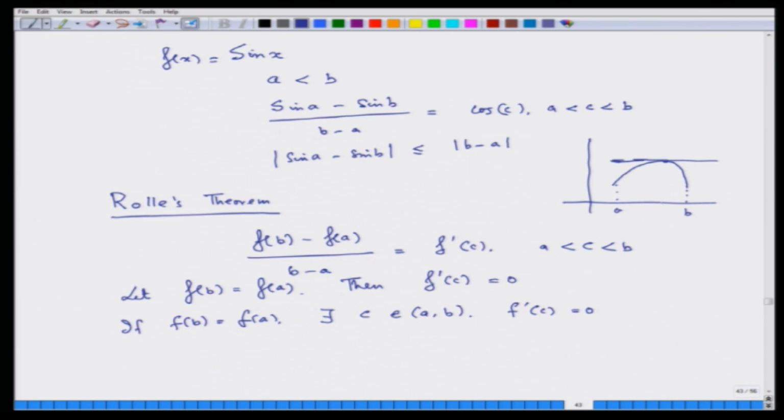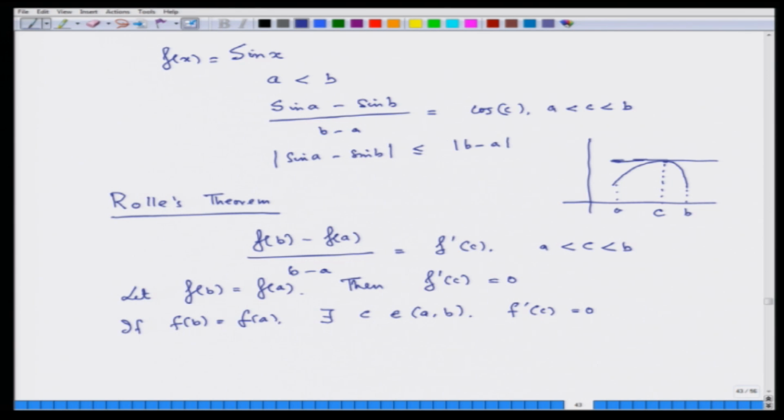The tangent parallel to the x axis means that it has a 0 angle with the x axis, and hence the slope value is 0, because the slope of the tangent is tan of the angle at which it intersects the x axis, which is a very well known fact. So, here is your c.